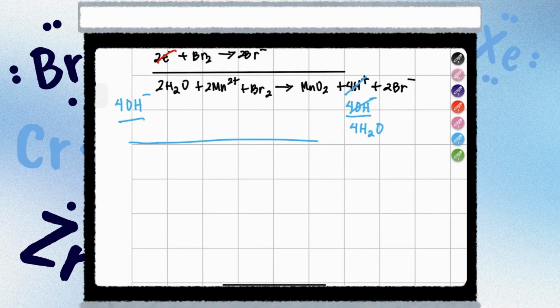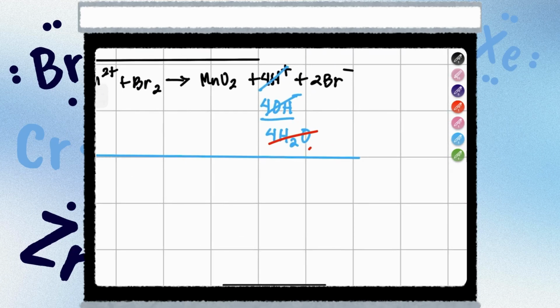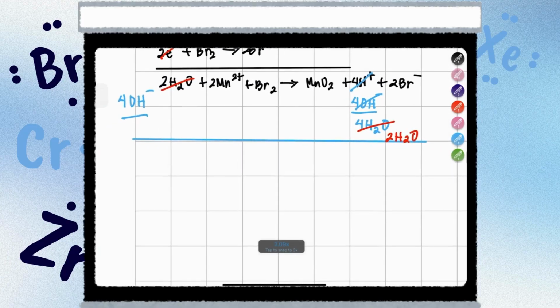So, the final answer we will have... Pwede pa natin i-cancel out pala si H2O. So, ang matitira is 2H2O. Ayan. So, ngayon, let's finally write our equation.